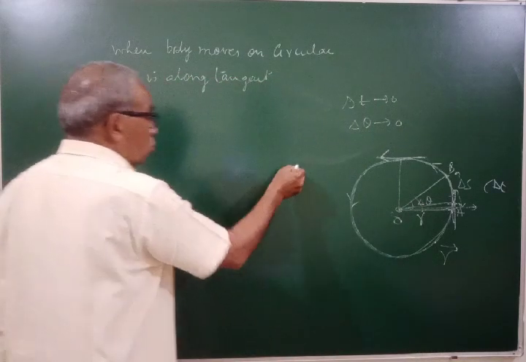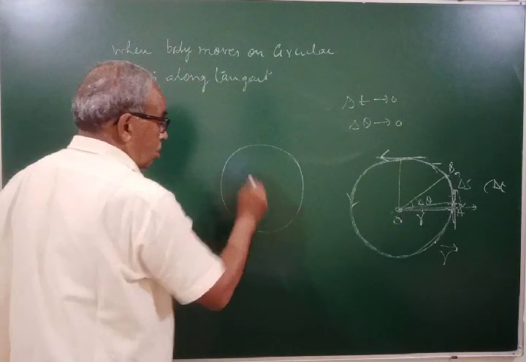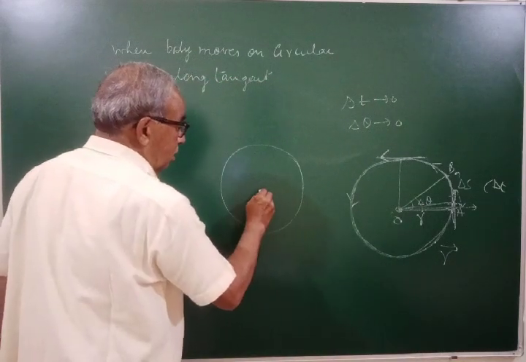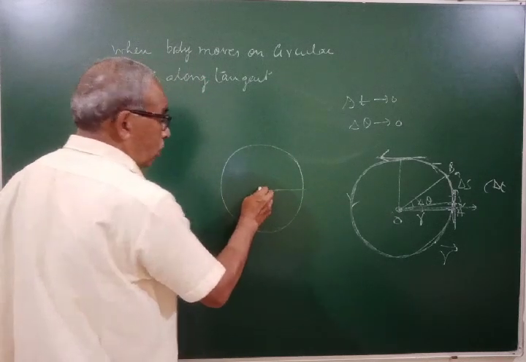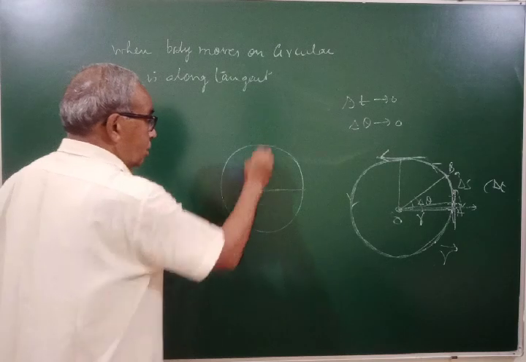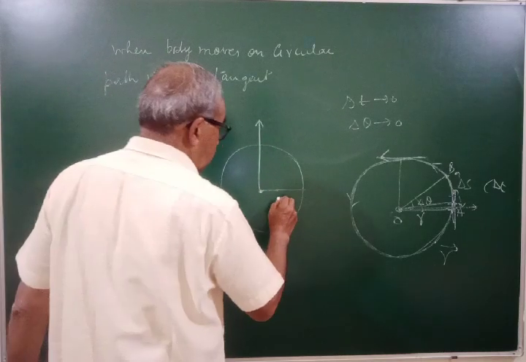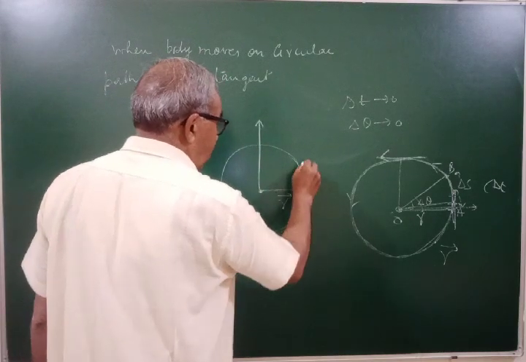So if the body moves on a circular path, then angular velocity is normal to the plane of movement, outward, but we show it like this. And this is position vector R. Velocity is this.